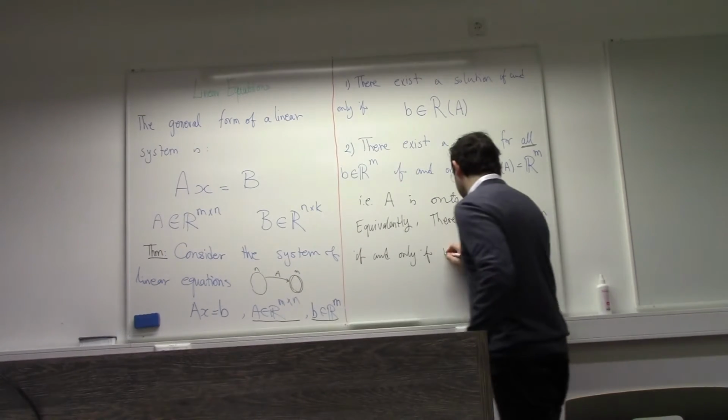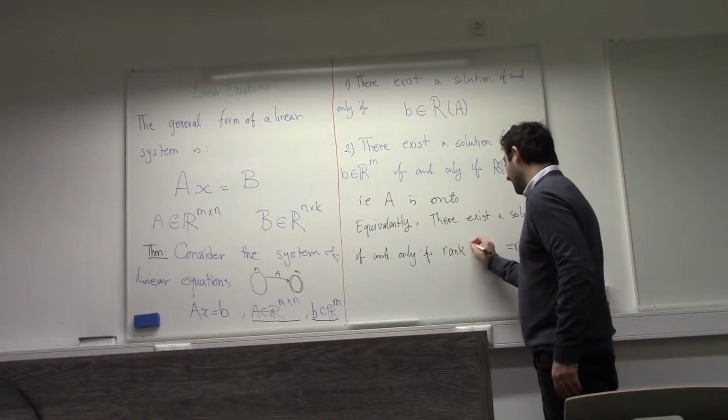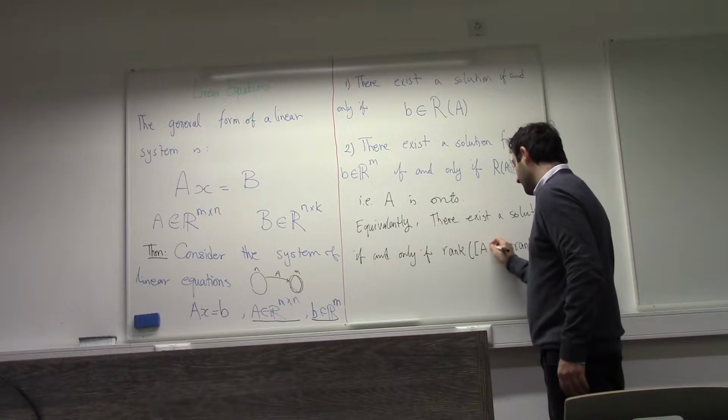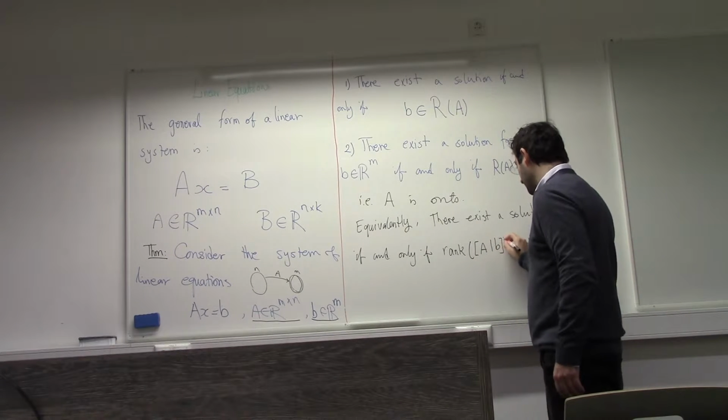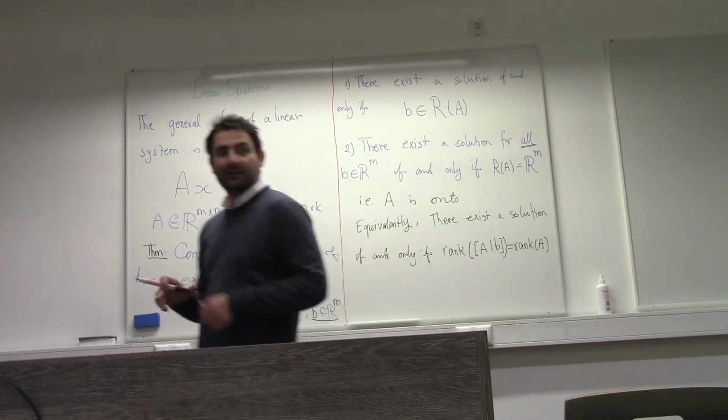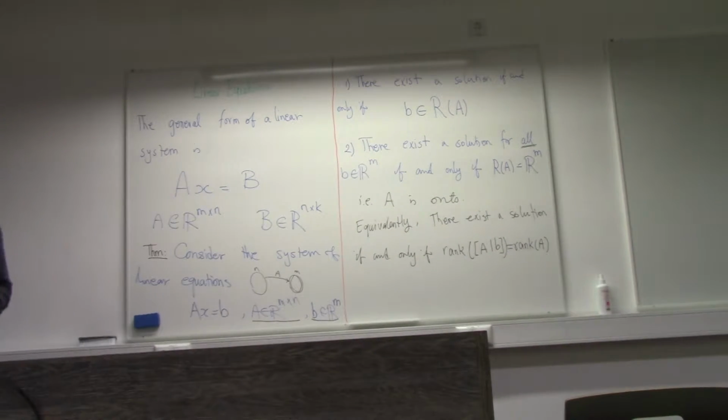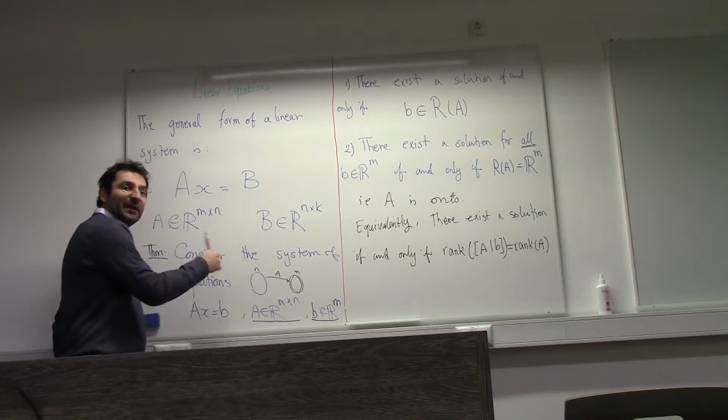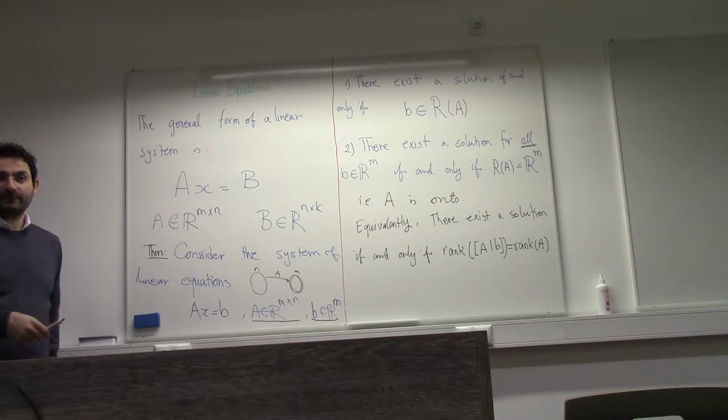We said rank of [A, B] is rank of A, which means B is a linear combination of columns of A, right? It has to be like this.